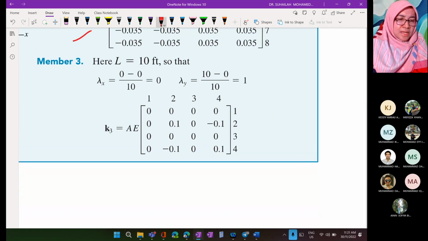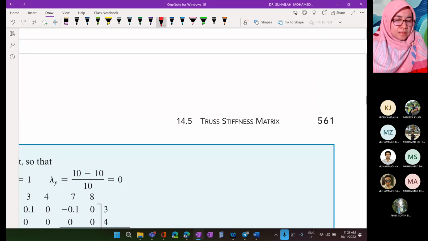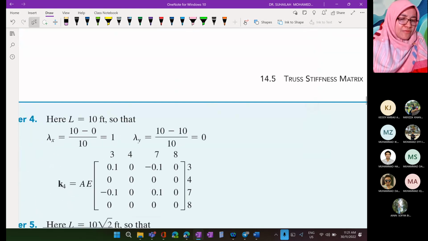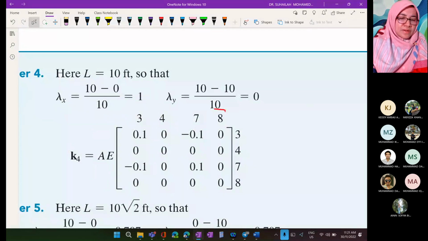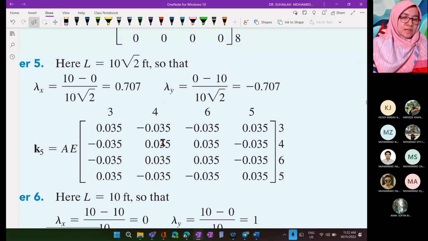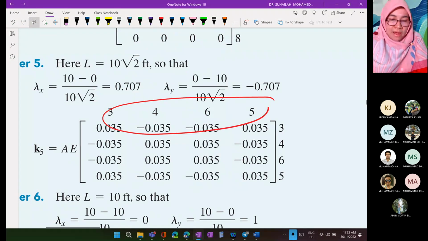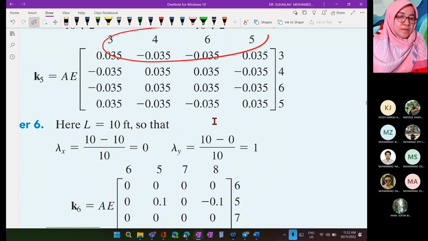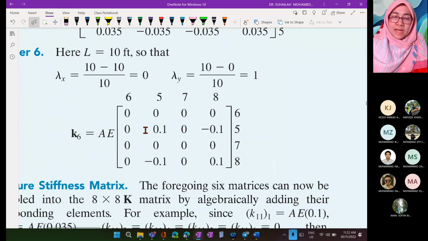Then K3, labeled as 1234. And K4 is labeled as 3478. And K5 is labeled as 3465. Okay, and there are 6 elements.